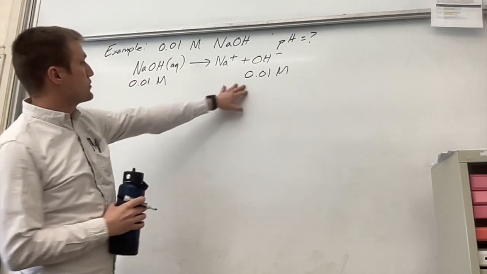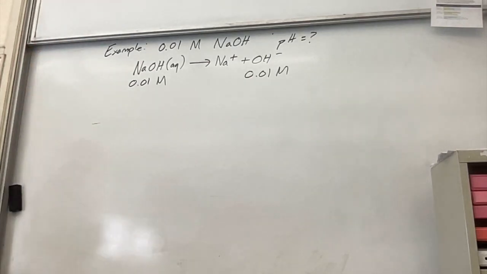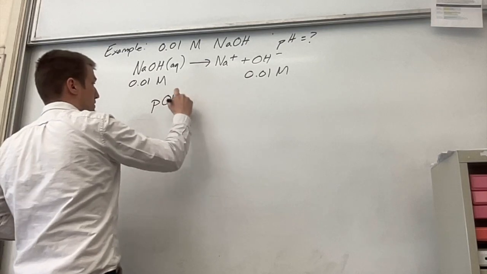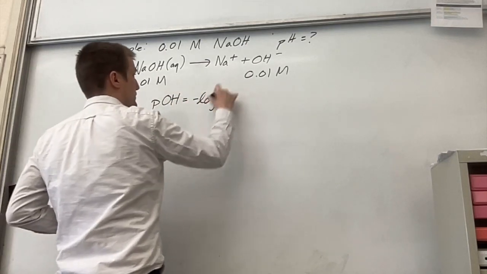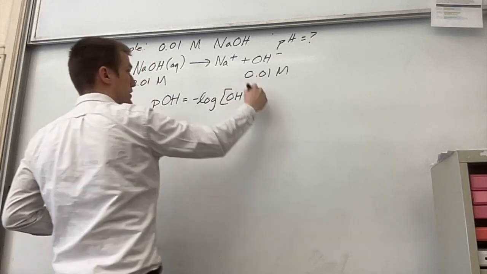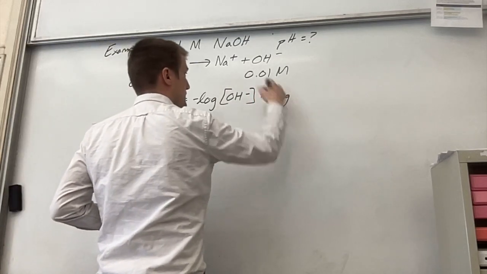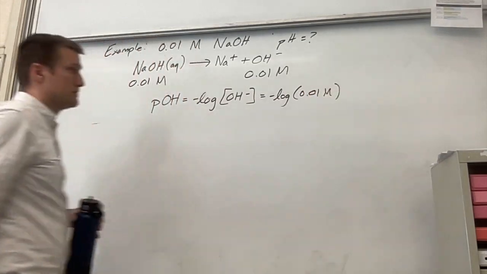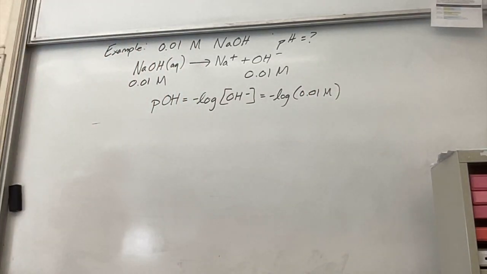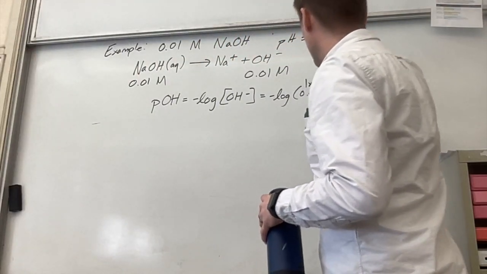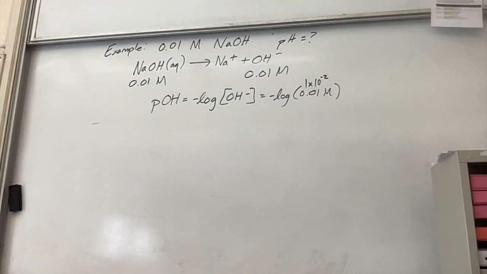So it's easier, first of all, to figure out from that what's the pOH of my solution: the negative log of the concentration of hydroxide. So negative log of 0.01 moles per liter, which is the same as saying 10 to the minus 2, right?